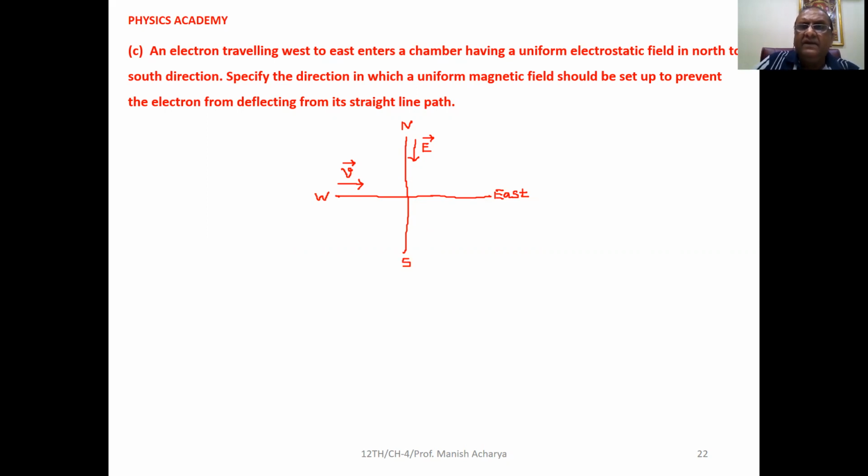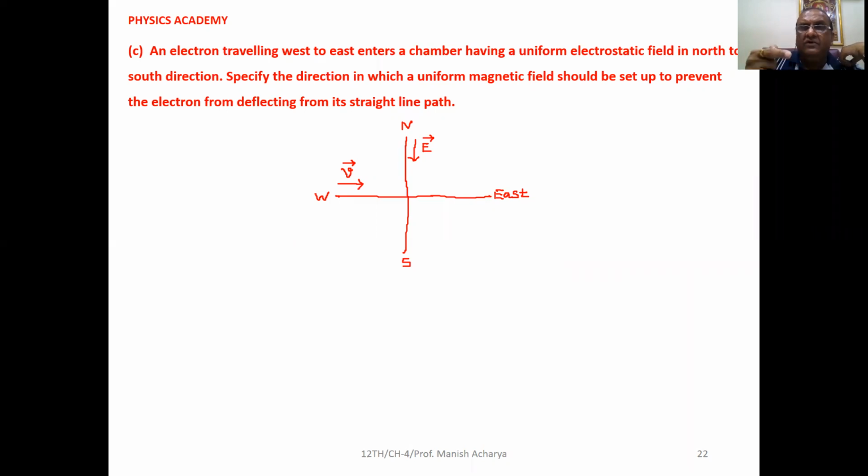So here, if we think about the direction of the magnetic field, suppose we take it vertically upward. Then as per q into v cross B, if you rotate a right-handed screw from v to B, your thumb will point northward. But that is for charge q. Here the electron is a negatively charged particle, so the force will be in the opposite direction.